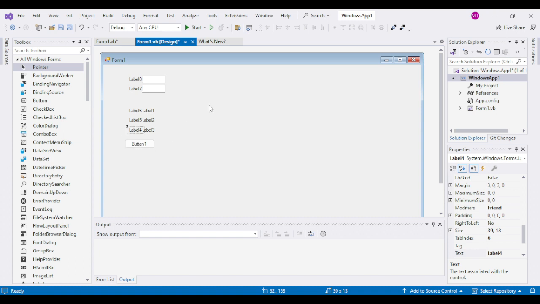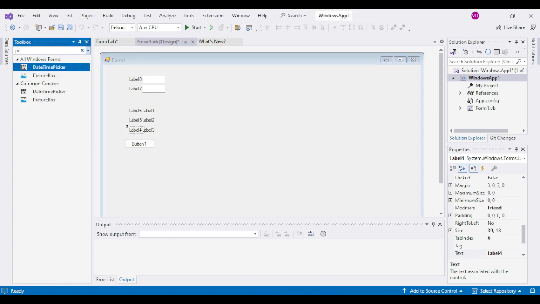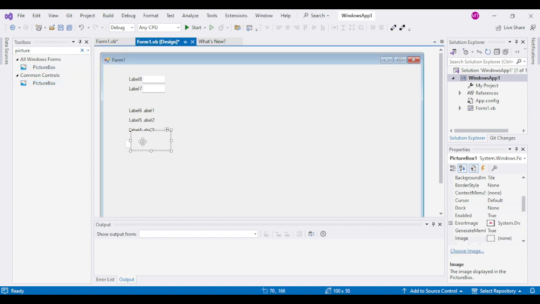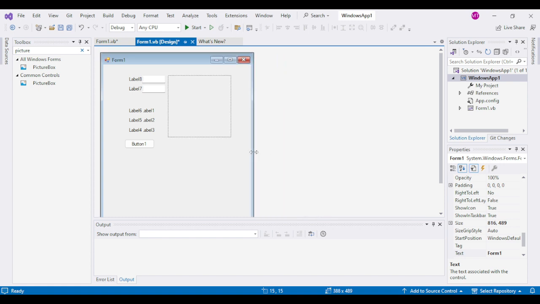Okay, I will add another picture box here. I will input the triangle figure on the side of our application. Then I'll adjust my form because it's too big. It will just fit my program there.